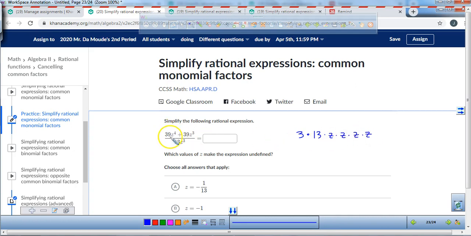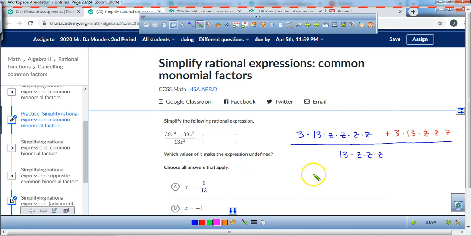So 39z to the power of 4 looks like this. 39z cubed: one z, 2 z's, 3 z's. All over 13z cubed. 13 times z times z times z. So I've broken it down into its prime factors.